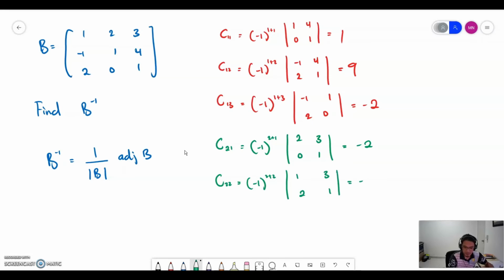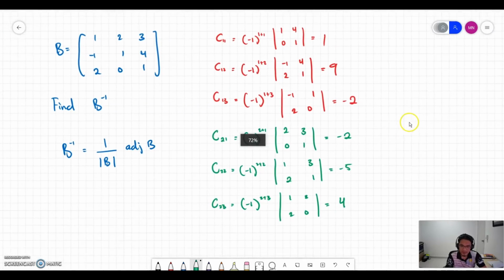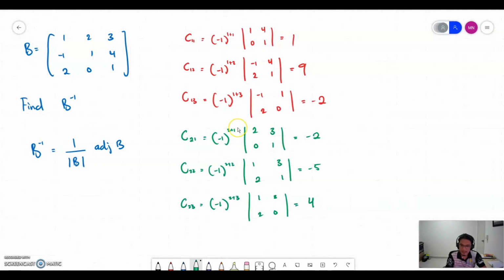So equal to negative 5. C23 equal to negative 1 to the power of 2 plus 3, and 1, 2, 2, 0. So equal to 4. So that is the cofactor for the first and the second row.